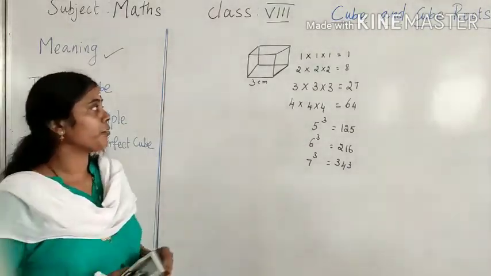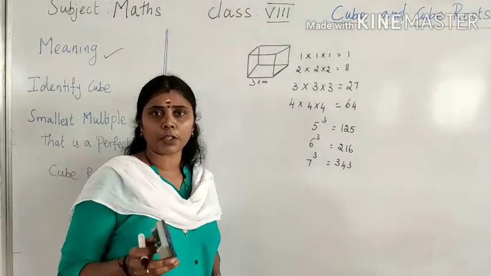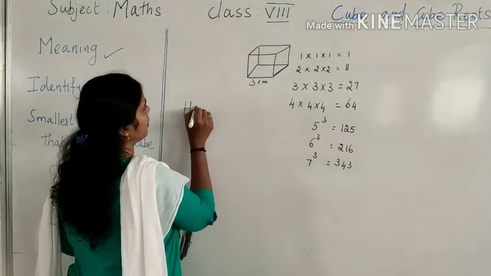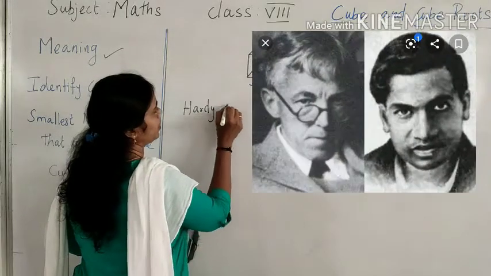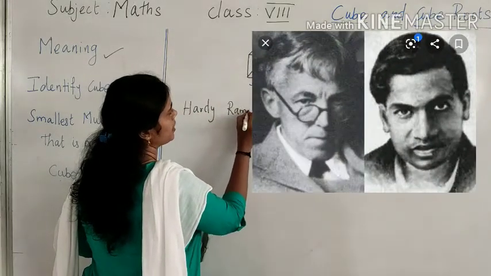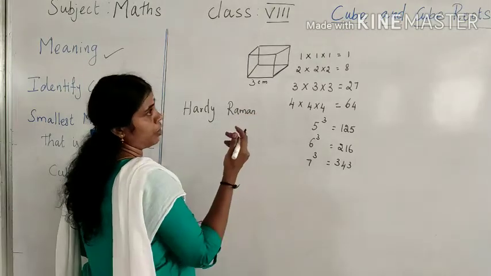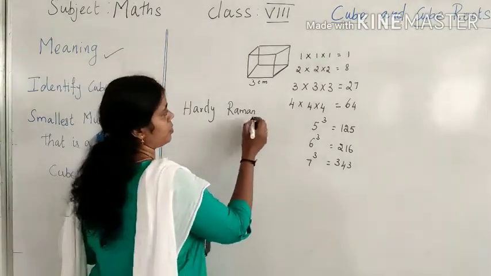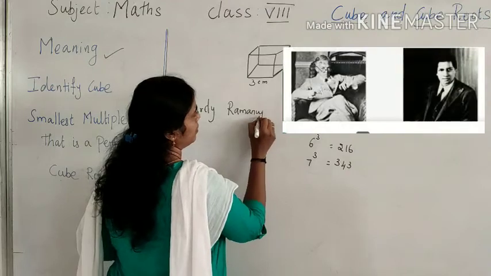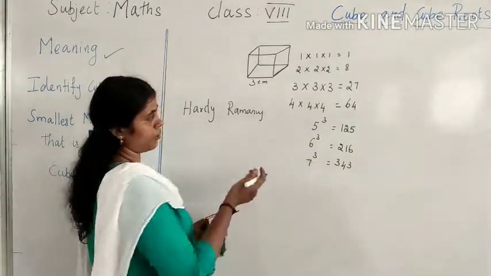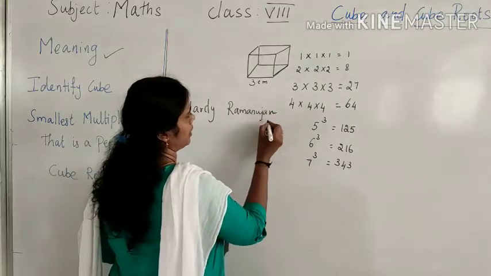And one interesting fact I want to say here, everybody knows about this, that is the Hardy-Ramanujan number. You might have heard it in many maths facts, or your maths teacher might have introduced this number.